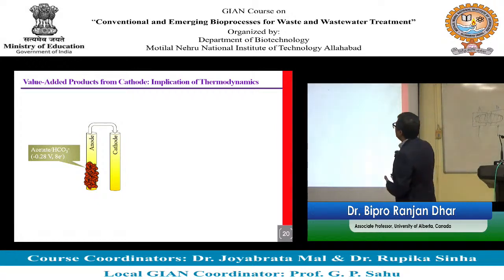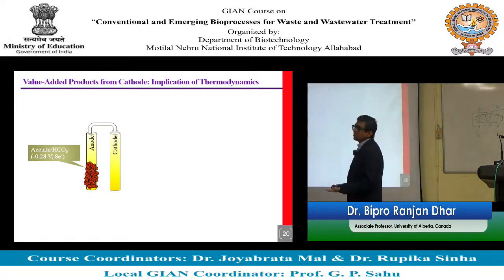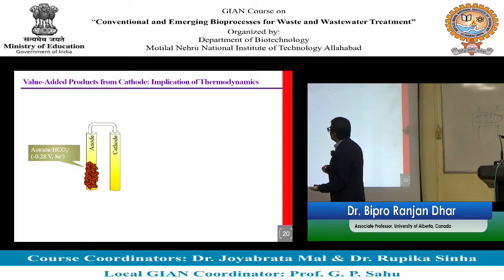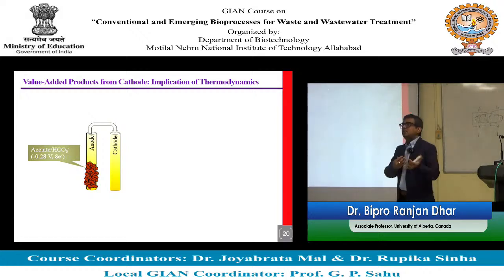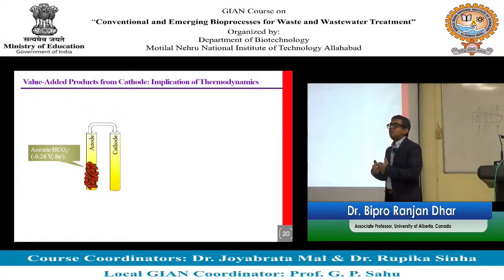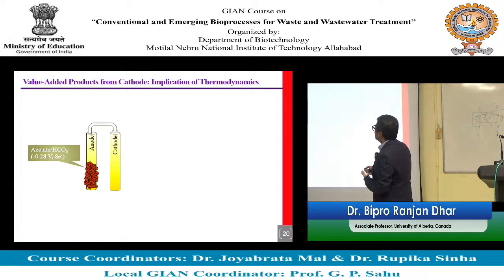Okay, so look into this: if we use simple acetate as the electron donor in our process, what is the redox potential? Minus 0.28 volt, right? So this is the theoretical redox potential for the oxidation of acetate. So if we provide microbes with acetate, minus 0.28 volt.